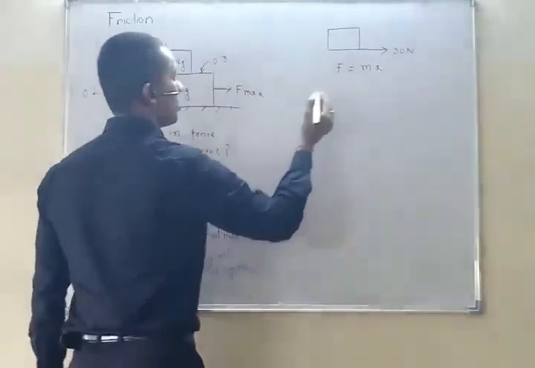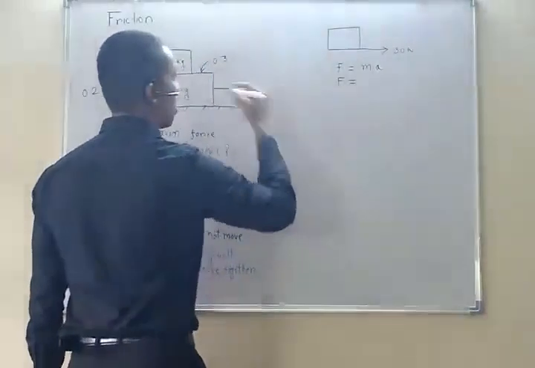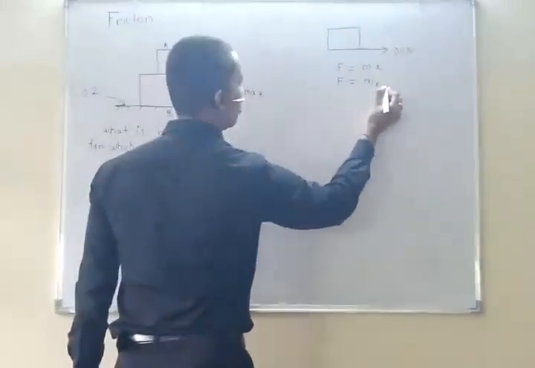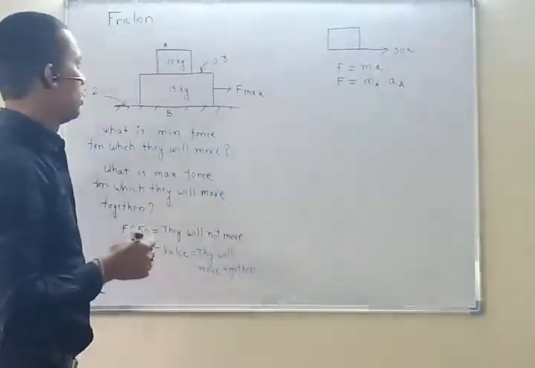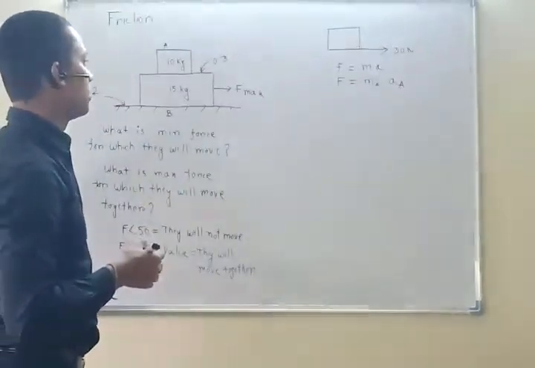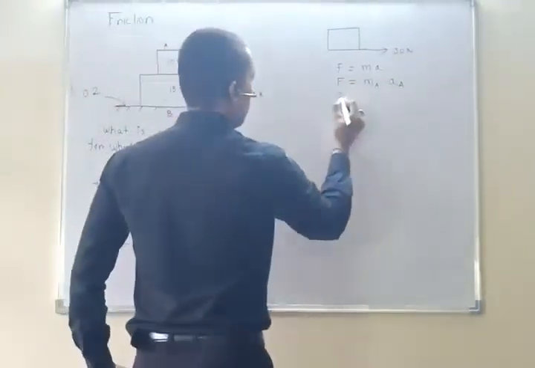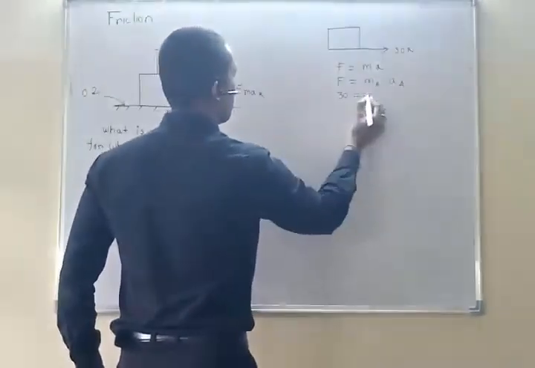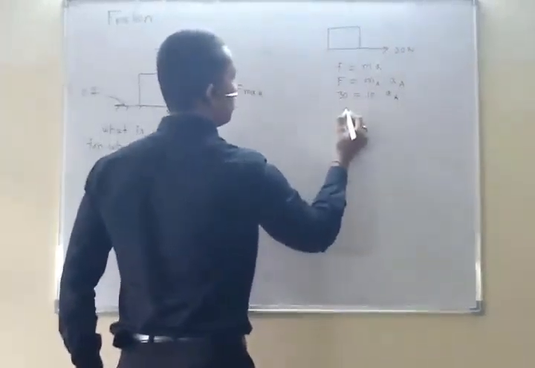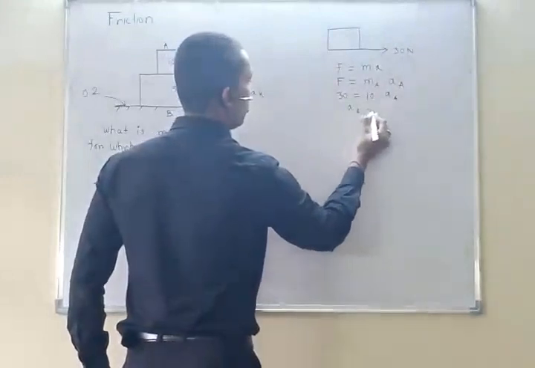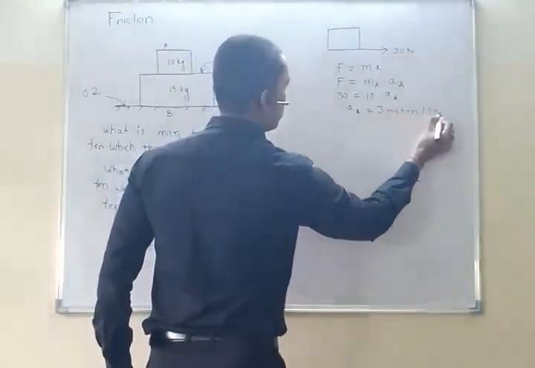In this case we can say force 30 is equal to mass of A into acceleration of A, and that is 30 equal to mass of A, 10, into acceleration of A. So 30 by 10, that is acceleration of A equal to 3 meter per second square.